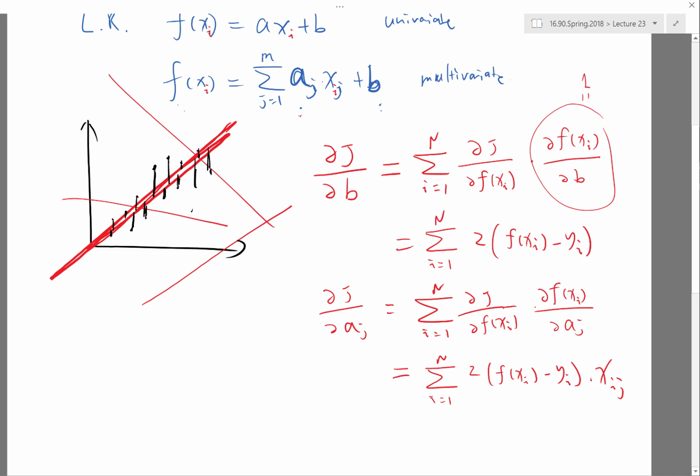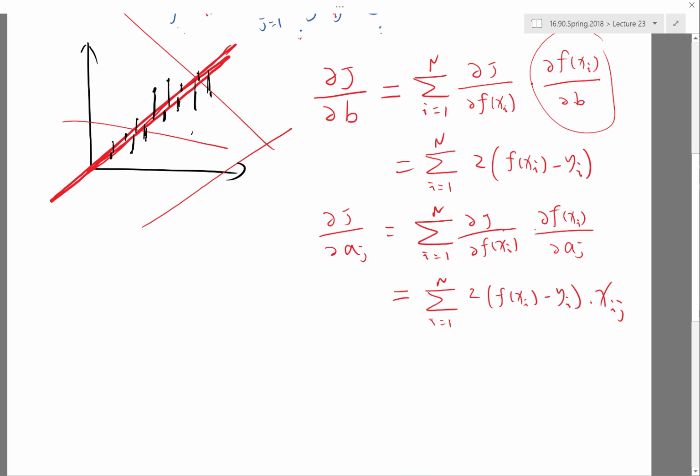Now by setting the derivatives to 0, we actually get a set of linear equations, right? Basically, the summation of i from 1 to n of f of x_i minus y_i has to be 0.